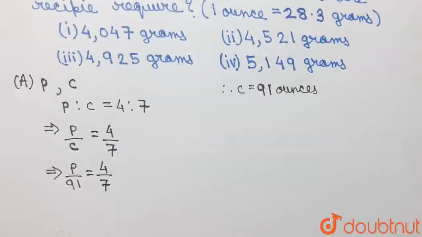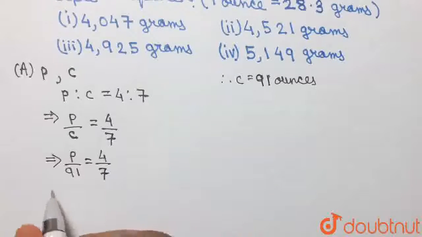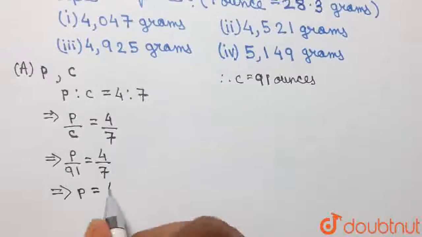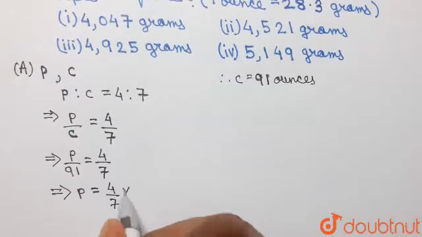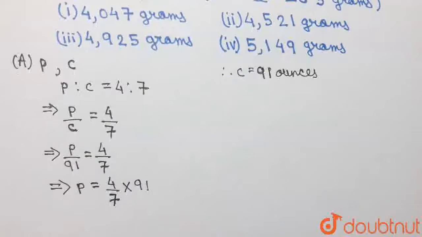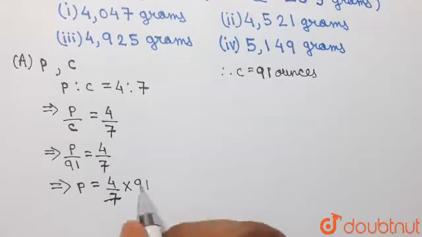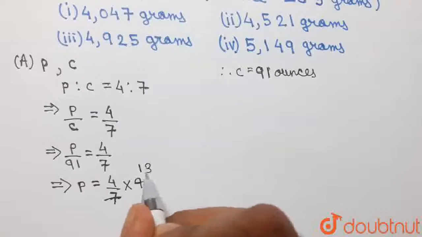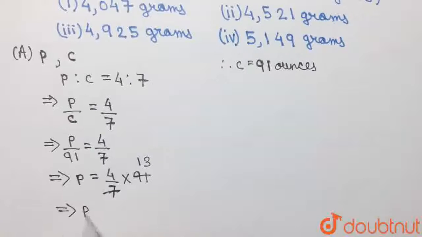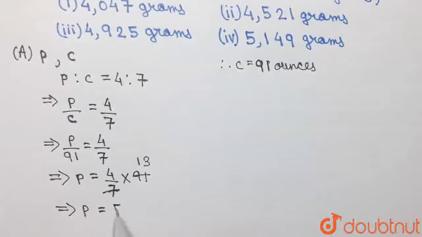and finally transferring this 91 to the right hand side of the equation, we can write the value of P equal to 4/7 into 91. So 7 in the denominator and 91 in the numerator cancel out, leaving 13 in the numerator, and finally we have the value of P as the product of 4 and 13, which is 52.